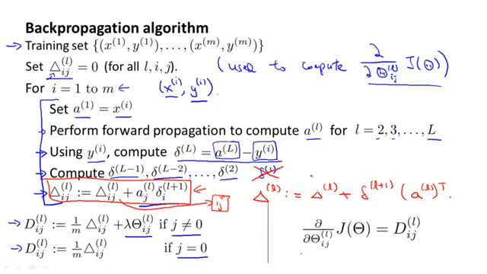Finally, while the formal proof is pretty complicated, what you can show is that once you've computed these D terms, that is exactly the partial derivative of the cost function with respect to each of your parameters. And so you can use those in either gradient descent or in one of the advanced optimization algorithms.